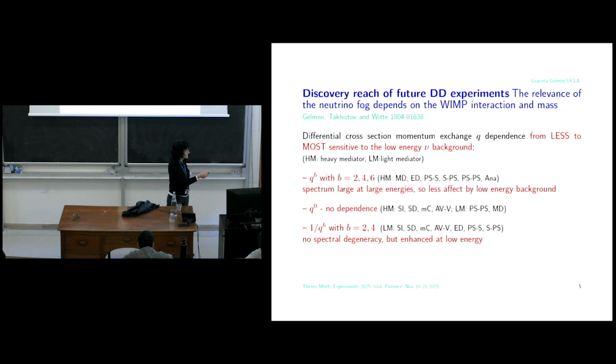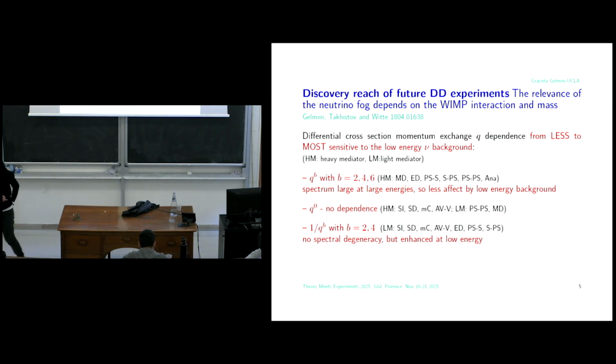This is a magnetic dipole, electric dipole, a pseudoscalar, scalar, pseudoscalar, and so on and so forth for heavy mediators. This is HM, heavy mediators. This is the type of interaction. This is anapole. But heavy mediators are dominated by the Q to the 0. Sorry?